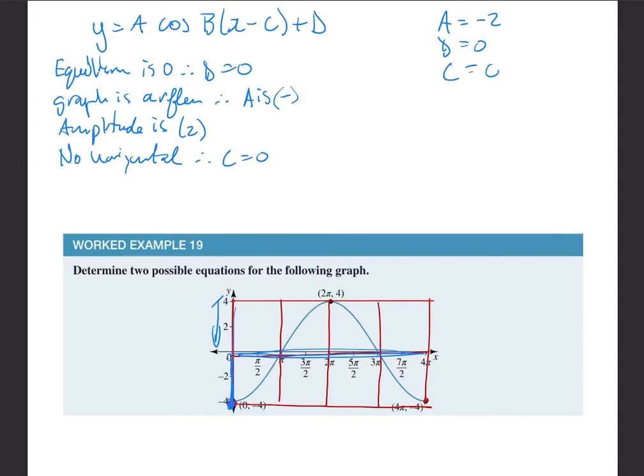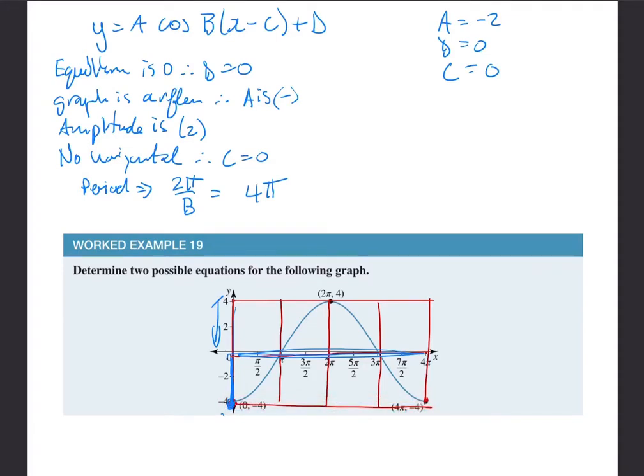So C equals 0. The only other thing that we need to know is B, and the B value is my period. So I'm going to say period equals 2 pi over B. Now my period in this case starts at 0 and goes all the way to 4 pi. So 2 pi over B equals 4 pi, because that is how far it is from there to where it repeats itself.